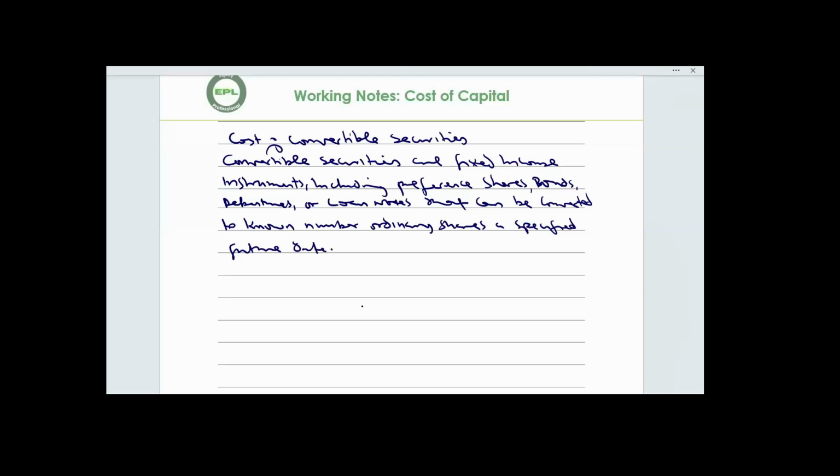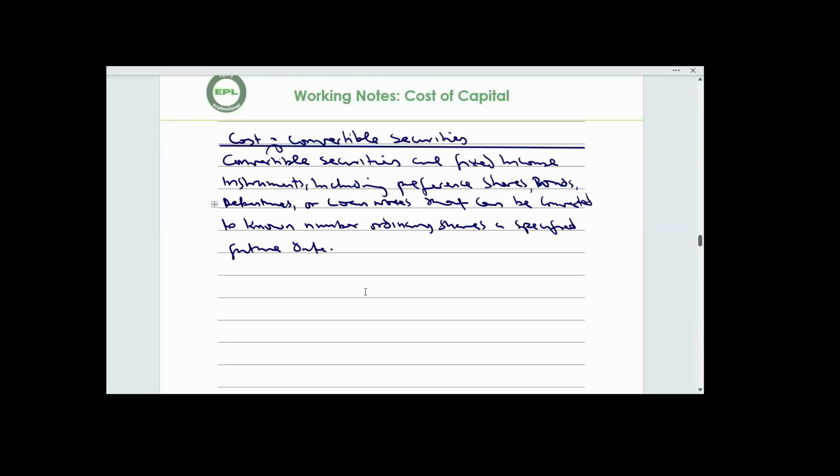So any securities that can be converted to a number of ordinary shares is what is known as convertible securities. All right, that's what is known as convertible securities.